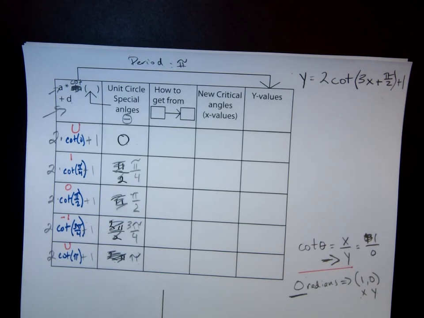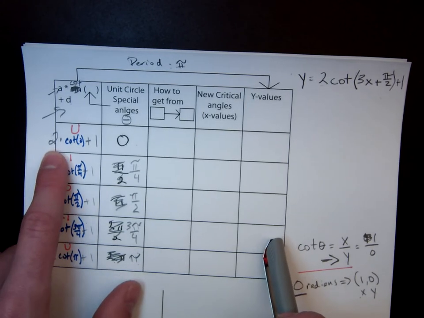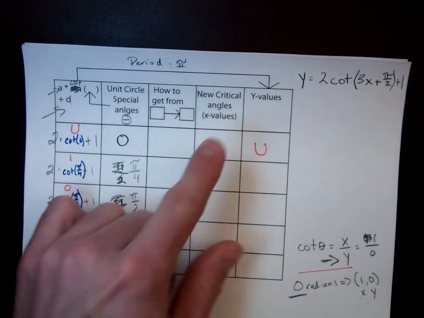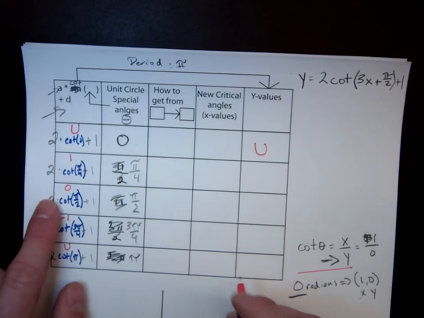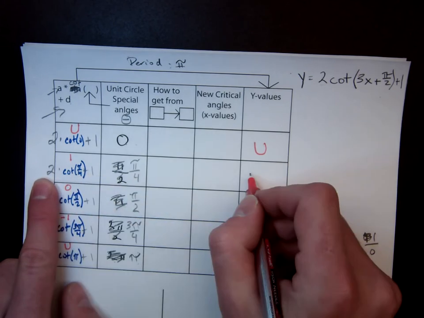So now if I want my y values, I'm just going to multiply this out, following order of operations. Well, this one's undefined, so it doesn't really matter what I add or multiply it by. It's just going to remain undefined. Then I have 2 times 1 is 2, plus 1 is going to get me 3.